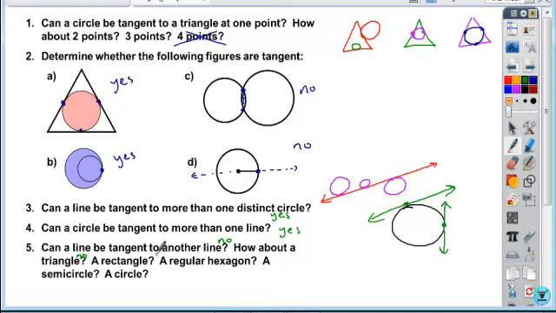No, there are no curves. A rectangle, no curves. Regular hexagon, no curves. What about a semicircle? Now you have the curved surface, so it is possible to have a tangent, assuming there's just one common point. So a semicircle is yes, and then of course a circle. All of these are examples here.